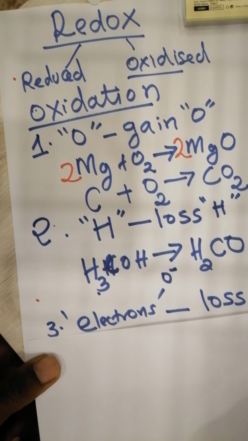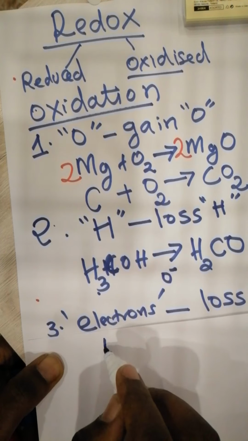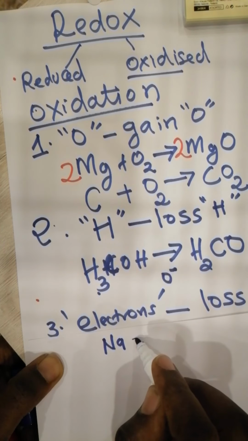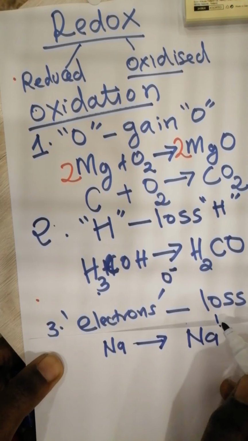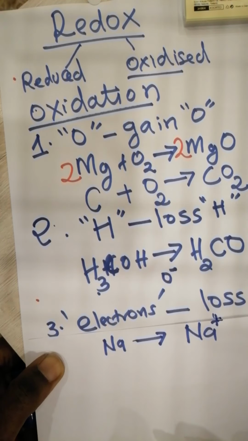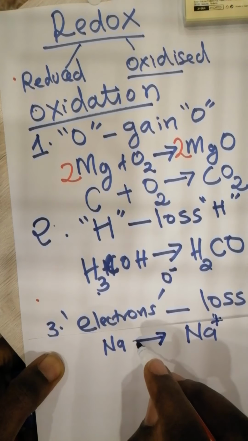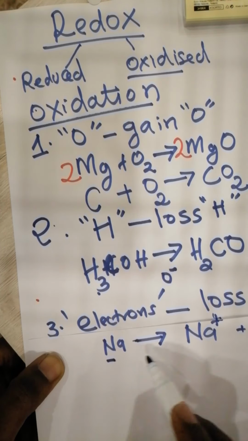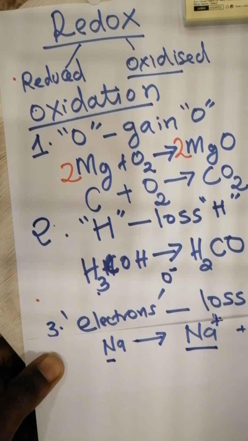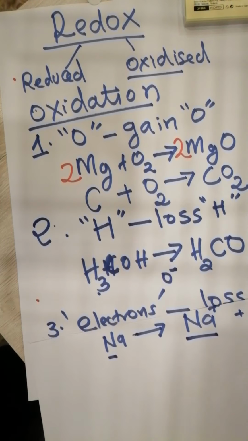For example, say sodium metal, which is a very reactive metal we all know, reacts by forming a positively charged ion, and during this reaction sodium atom is unstable and loses one electron, we can put the electron on this side. So sodium has been oxidized to form sodium ion. Beautiful.